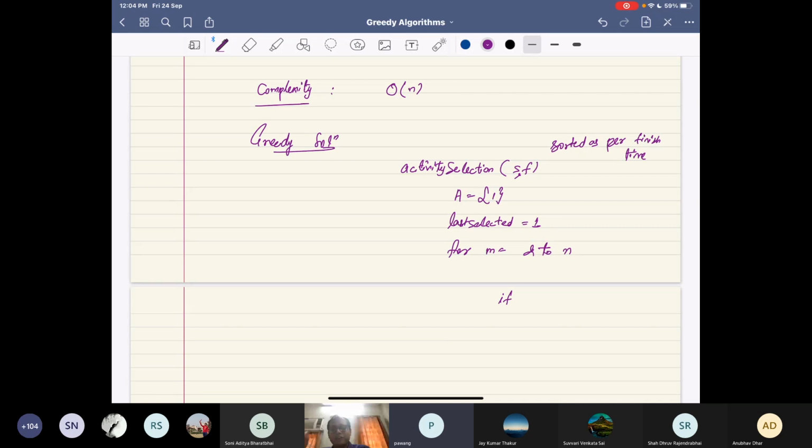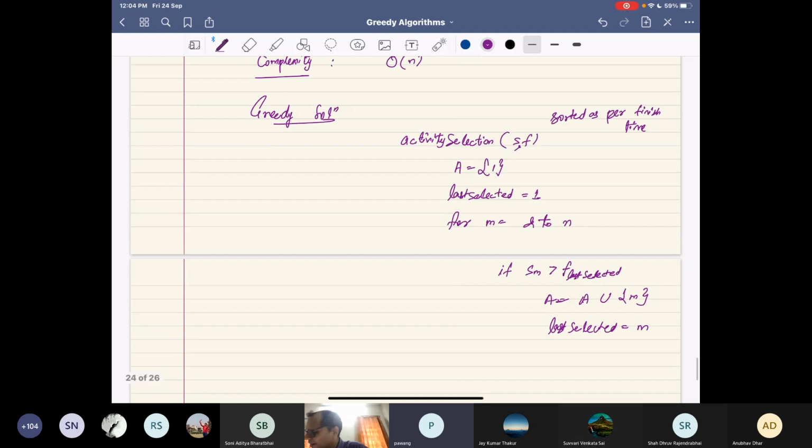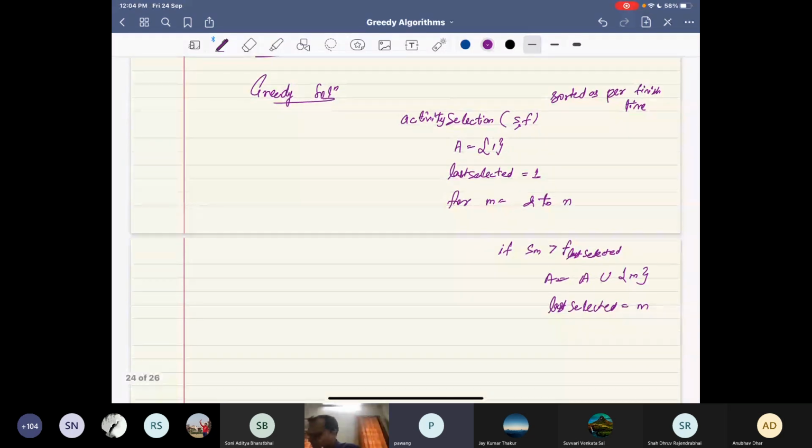If the start time is greater than the finish time of last selected, then A is equal to A union m, and last selected is equal to m. Is that all? Yes, that is all I need.